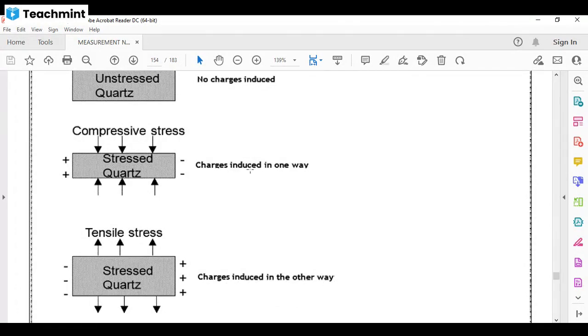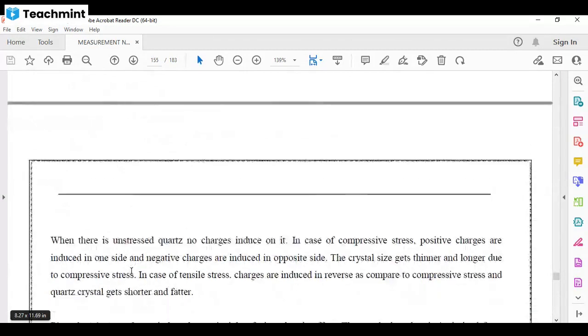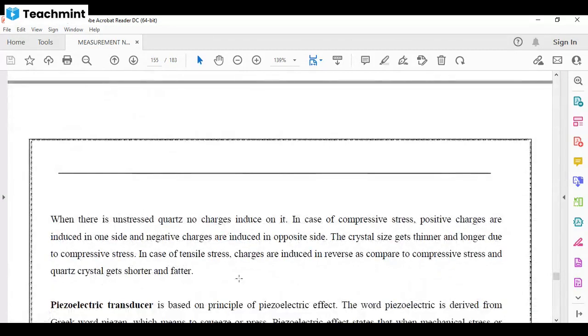So this is called compressive stress and this is called tensile stress. And when there is unstressed quartz, no charge is induced on it.